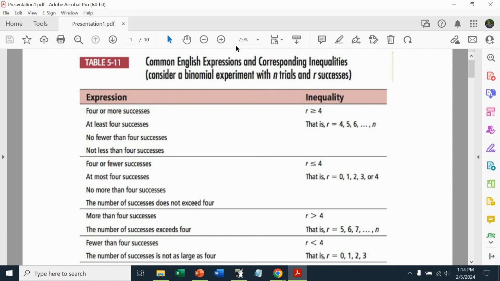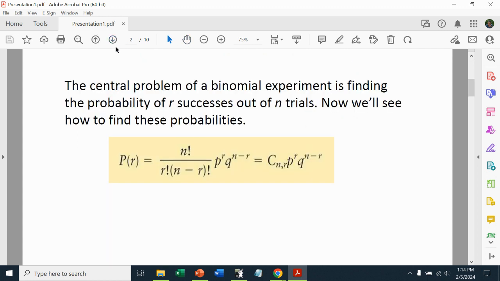All right, so how do we start out? The central problem of a binomial experiment is finding the probability of R successes, R and X being one and the same, synonymous, out of n trials. We'll see how to solve these. The author gives us a formula.